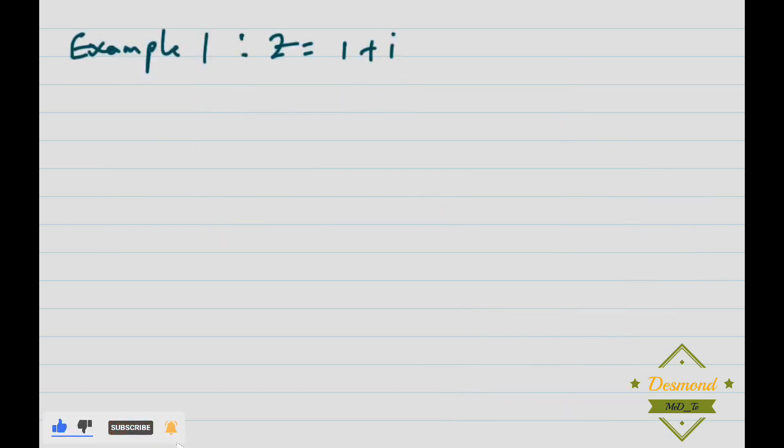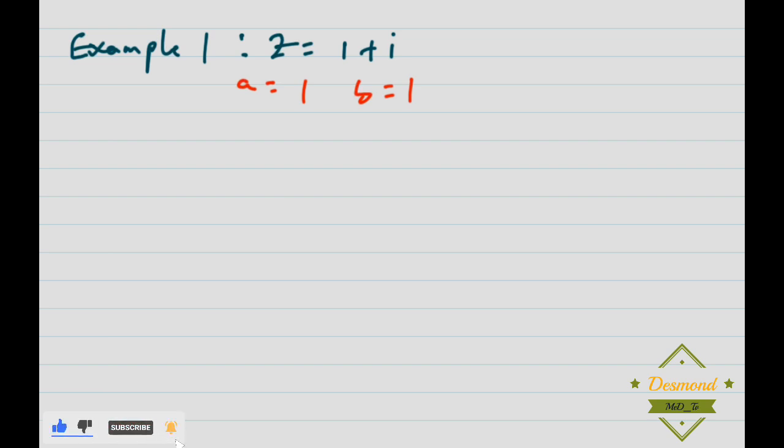So in our first example, we have the complex number z equal to 1 plus i. Let's find the argument of it. So what is the argument of this? Here we know that our a here is 1, our b is 1.